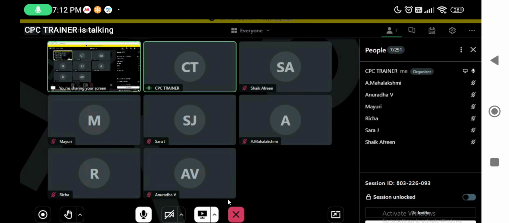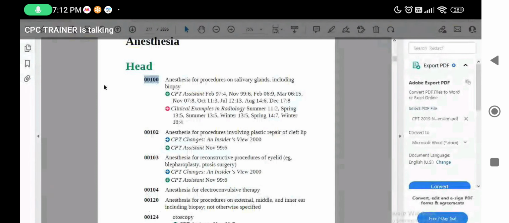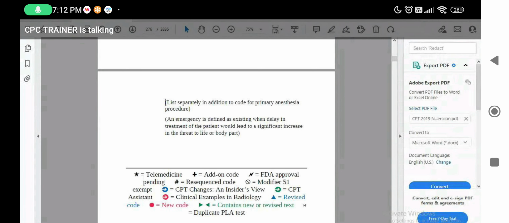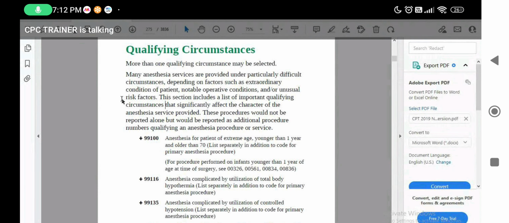Okay, guys. So first thing I want to show you: this is the starting code for anesthesia. Before this code, if you scroll up, you see we have the qualifying circumstance. Yesterday we discussed the qualifying circumstance, and I already informed you, no need to mug up. I will show you where it is given.